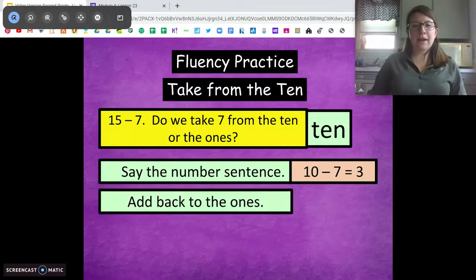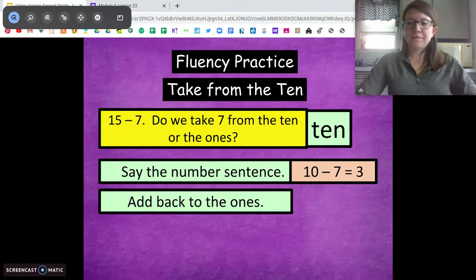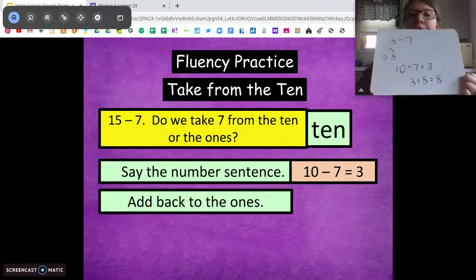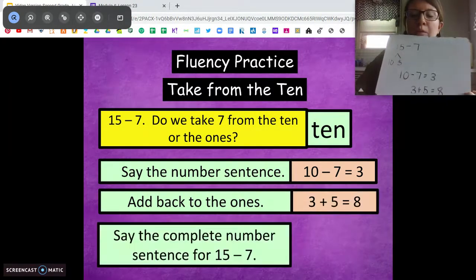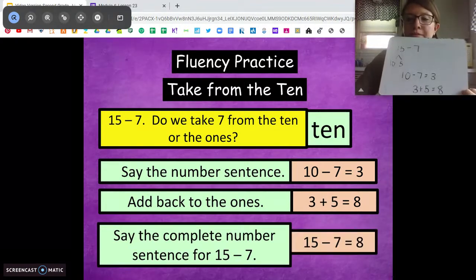Now we've got to add our ones back in, so go ahead and do that step. Good. And then what's our complete number sentence? 15 minus 7 equals 8.